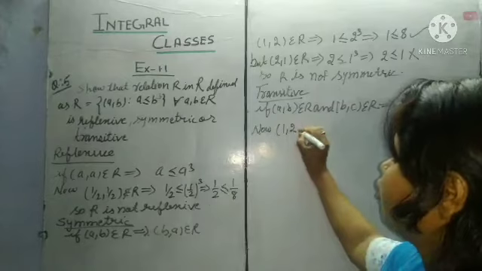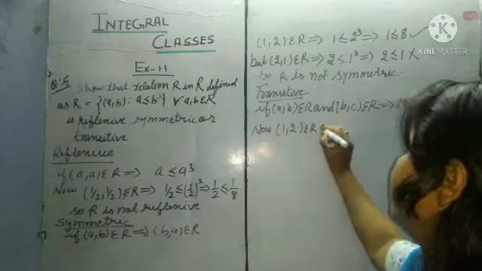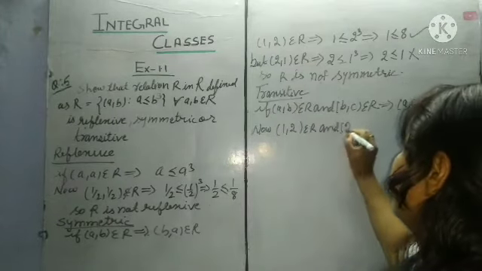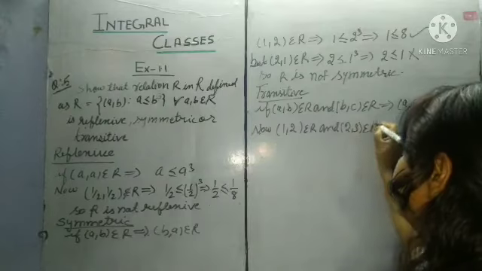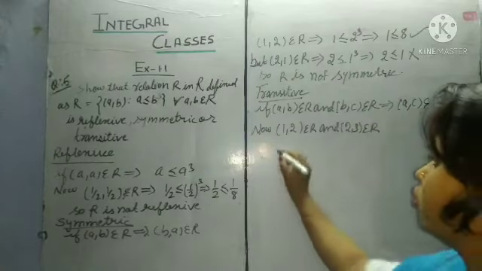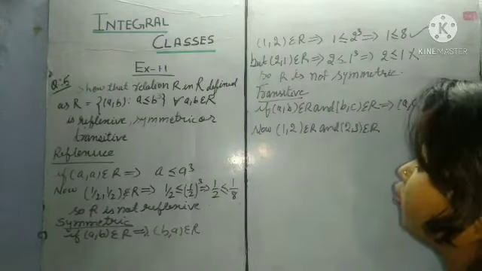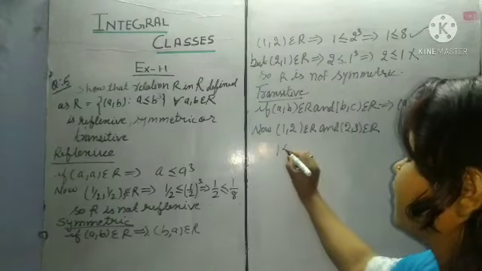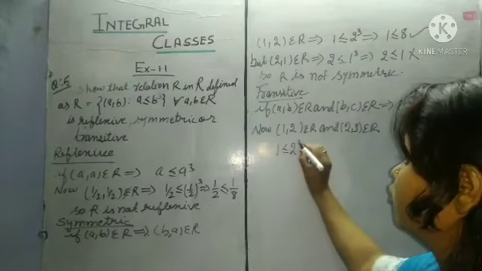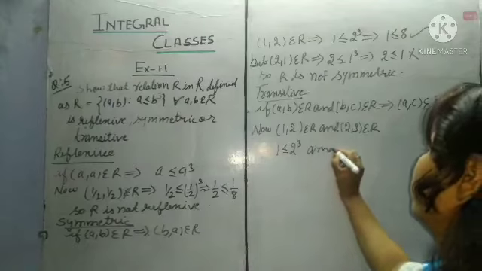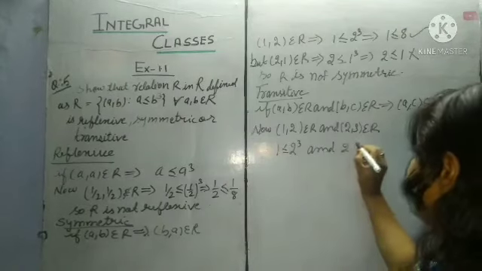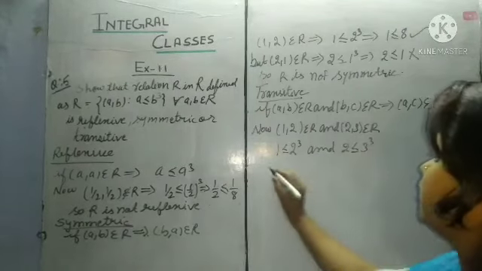Now we will consider an example. (1, 2) belongs to R and (2, 3) belongs to R. So what is the meaning of (1, 2)? 1 is less than or equal to 2 cubed and 2 is less than or equal to 3 to the power 3.